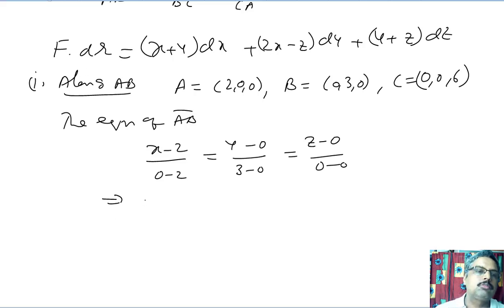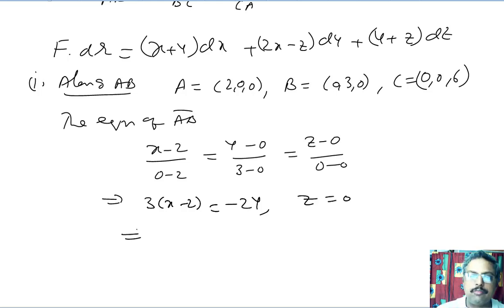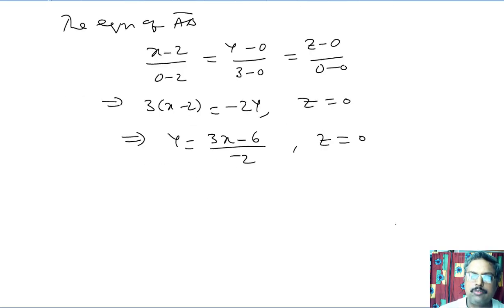Then 3 times x minus 2 equals minus 2y. Z is 0, already known. So y equals 3x minus 6 by minus 2, z is 0, and dy equals minus 3 by 2 dx.